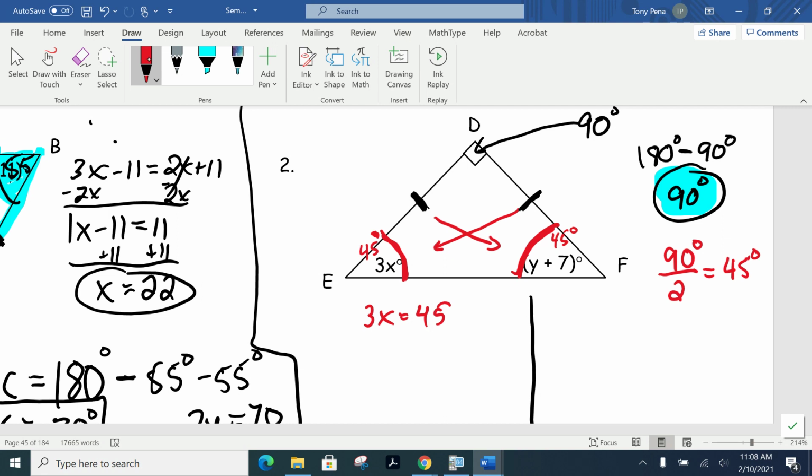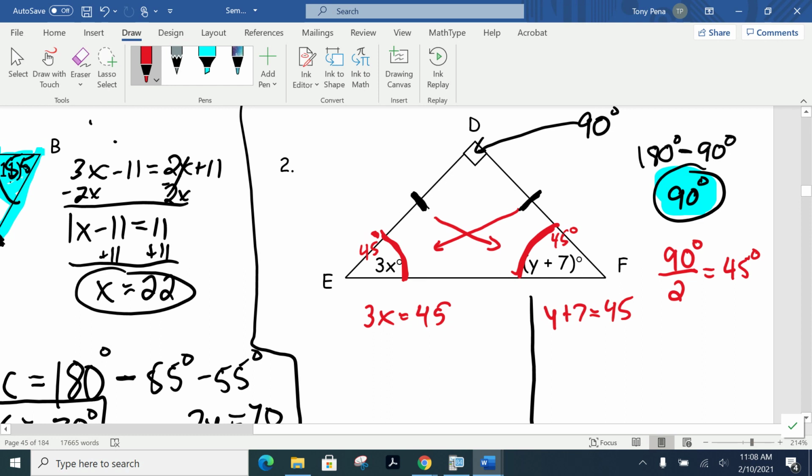Same over here. This was originally defined as y plus 7, but we now know that that must equal 45 degrees. Now we have two equations, really simple little equations here that we can solve. So the work is easy, but we got to understand a lot of things to get to this step.